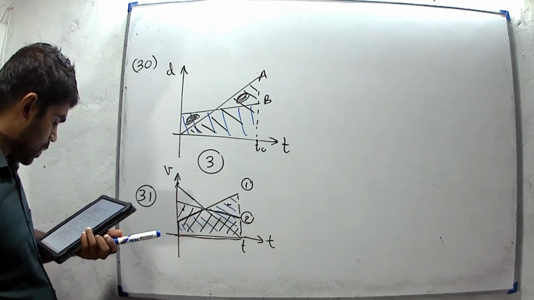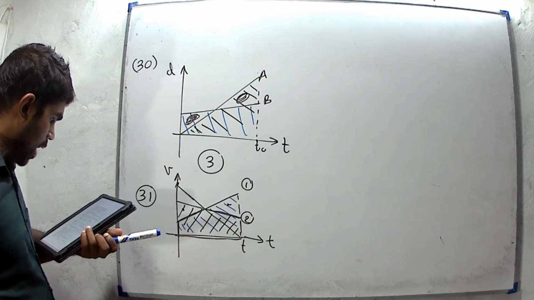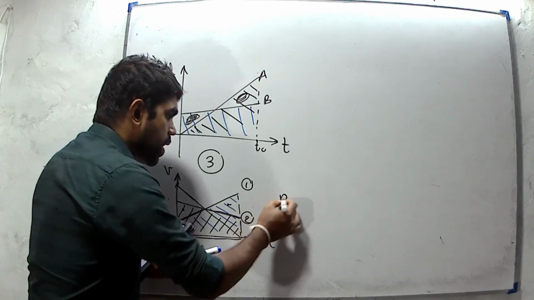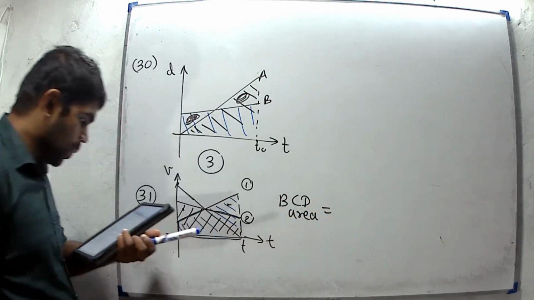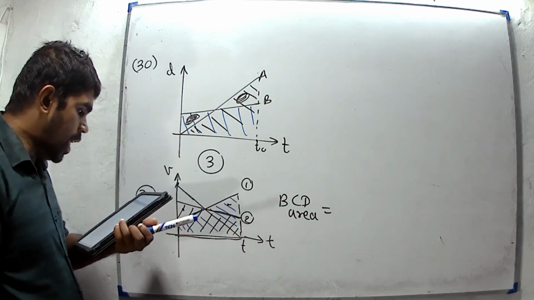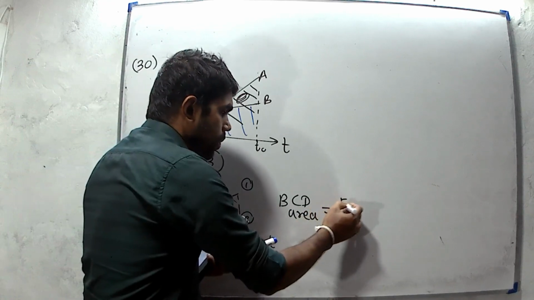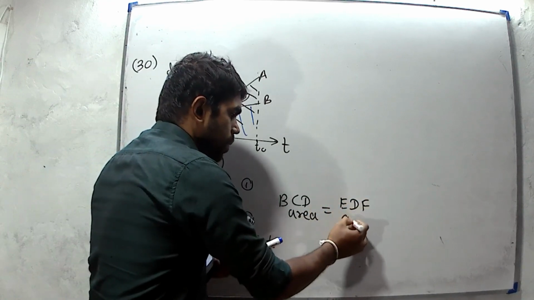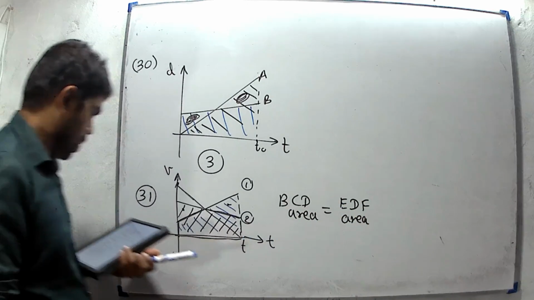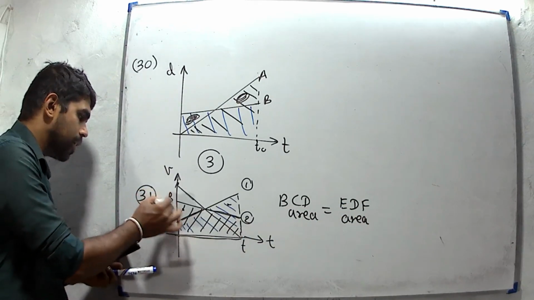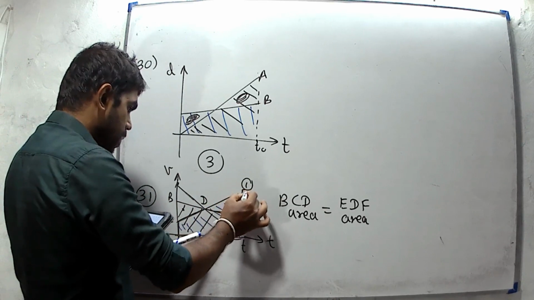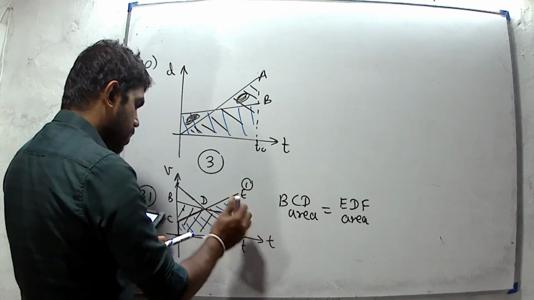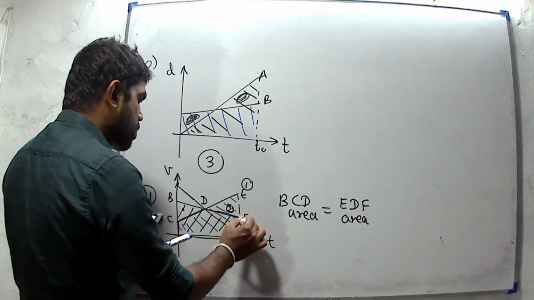Then we can get BCD area should be equal to EDF area. BCD means this part. EDF is this part.